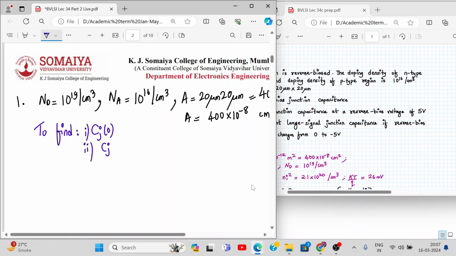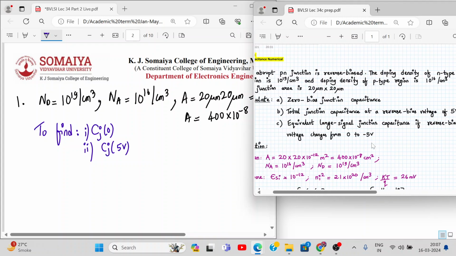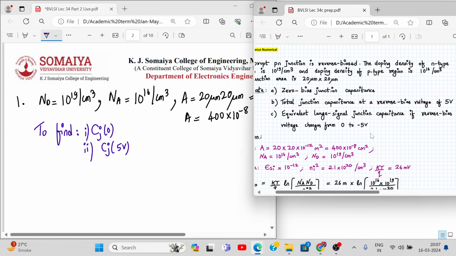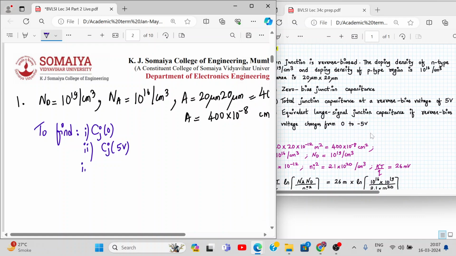So Cj of 5 volt we have to find out. Then equivalent large signal junction capacitance if the reverse voltage changes from 0 to minus 5. So third thing we have to find is Cj equivalent. Alright, so when the reverse voltage is changing from 0 to minus 5, Cj equivalent we have to find out.